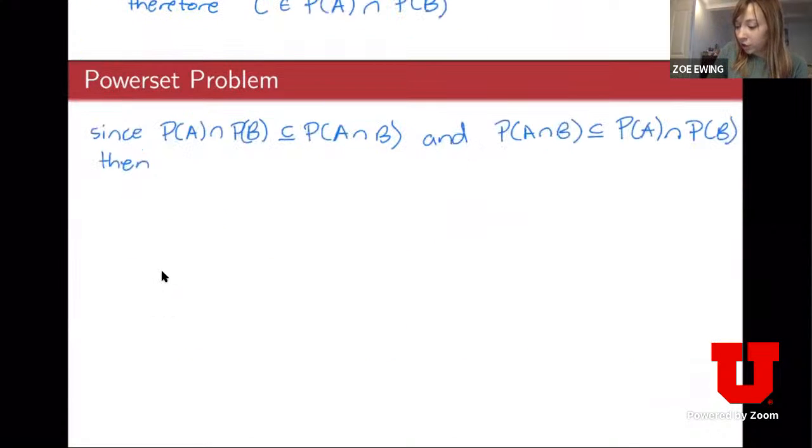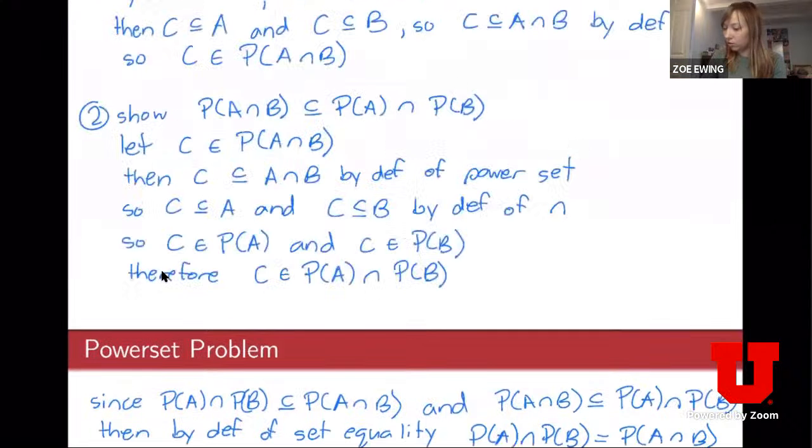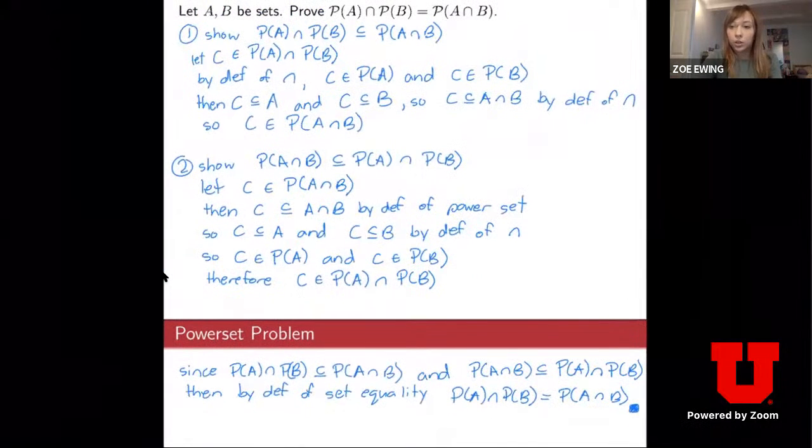Then, by definition of set equality, the power set of A intersect with the power set of B is equal to the power set of A intersect with B. And we can finish that proof. All right, so let me zoom out a little bit so we can see it all together. Does anyone have any questions on this?